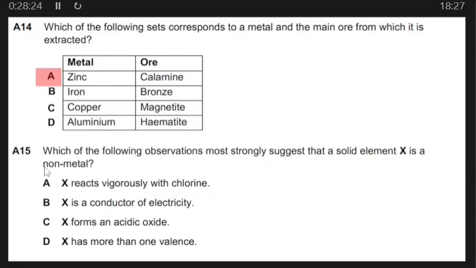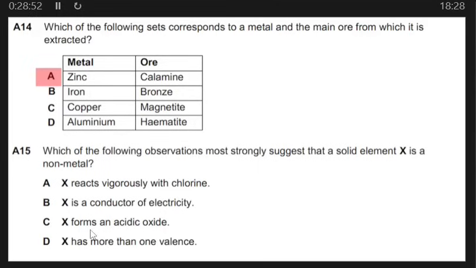Then A15 says, which of the following observations most strongly suggests that a solid element X is a nonmetal? So A, X reacts vigorously with chlorine. All right, let's continue. B, X is a conductor of electricity. No, nonmetals are not conductors of electricity.